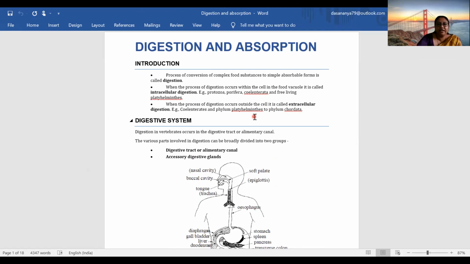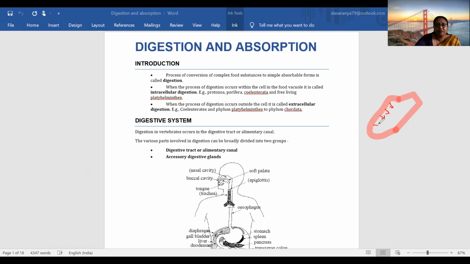But in our case, in our digestive system, for example, if I'm talking about the stomach, the stomach has a lining like this. And these lining cells will secrete the enzymes.